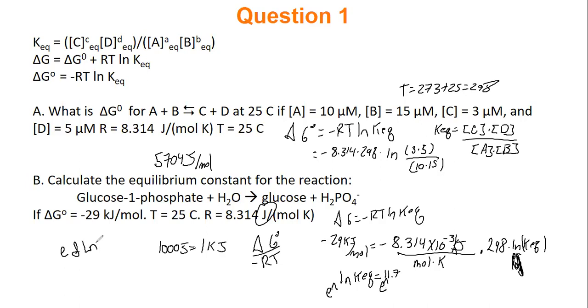It's like how multiplication and division cancel each other out. So if I take the exponent of a natural log, they cancel each other out. And I'm left with KEQ equals the exponent of 11.7, and KEQ equals 121,177.